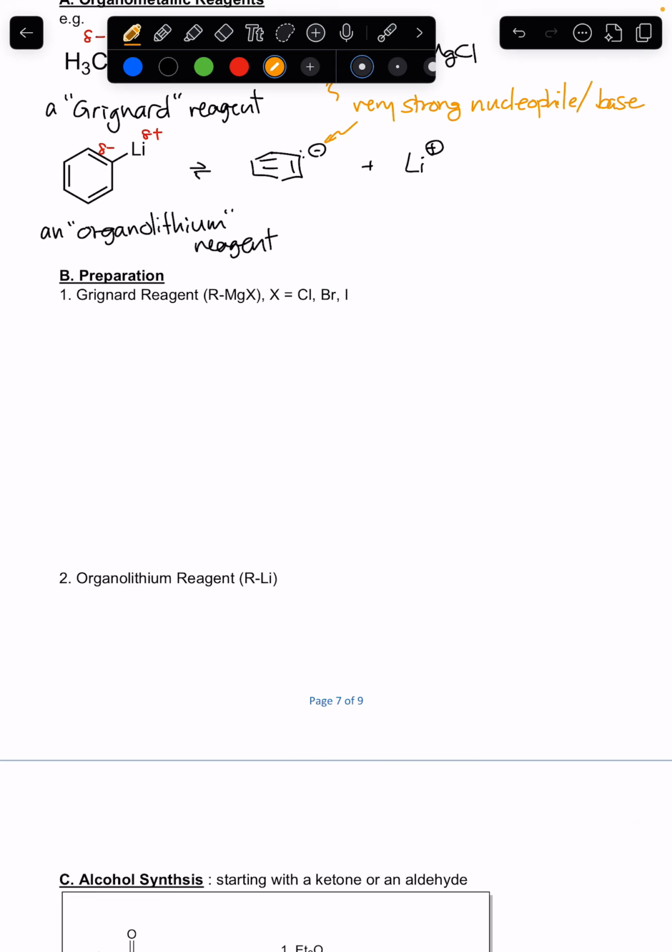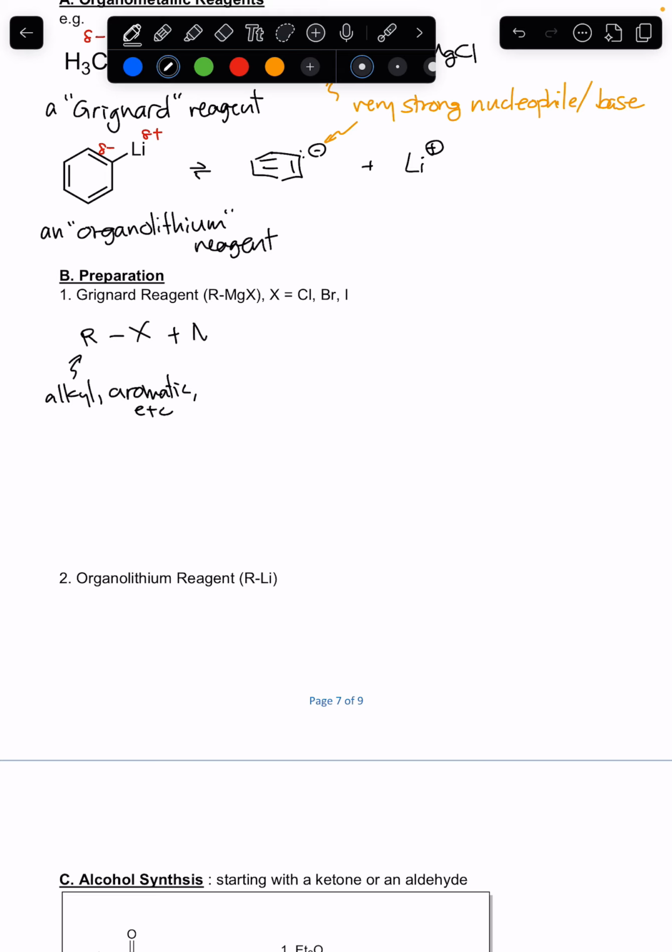And so how do you make Grignard reagents? You can make those from some sort of halogen molecule. I'm just going to say R group, because the R could be alkyl or aromatic, actually a variety of things.